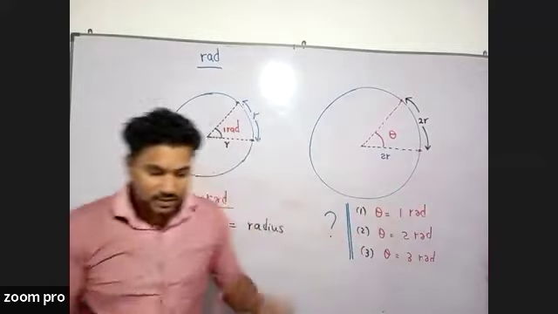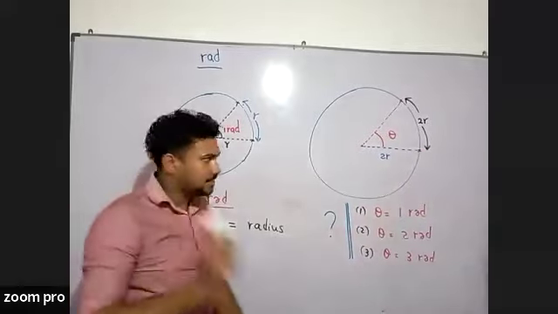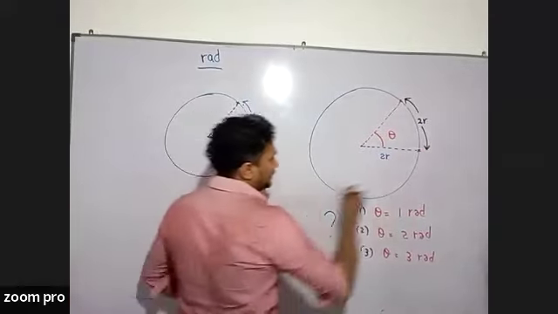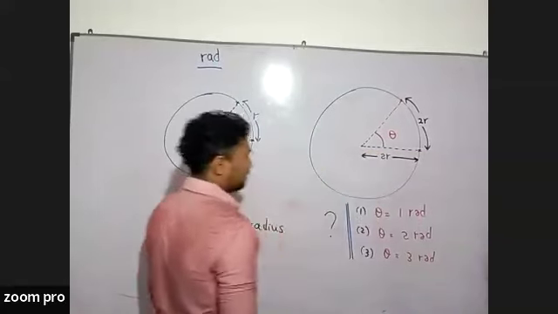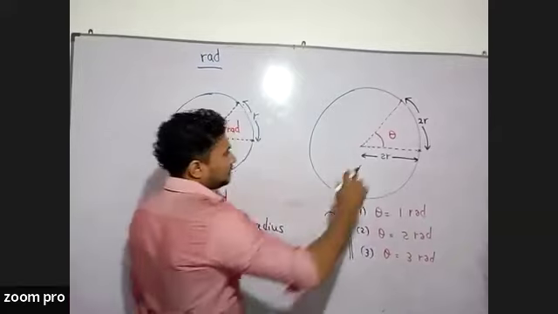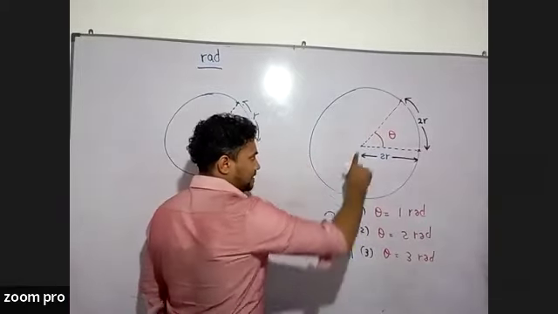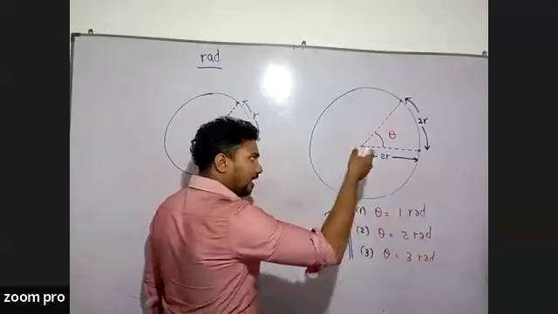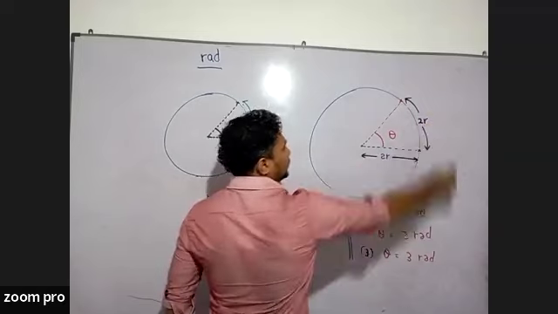Okay, guys, let's go through this question. Now, if I consider a circle with a radius of 2r, what is the angle subtended at the center by an arc which is of length 2r?